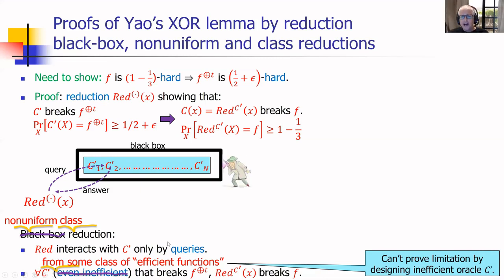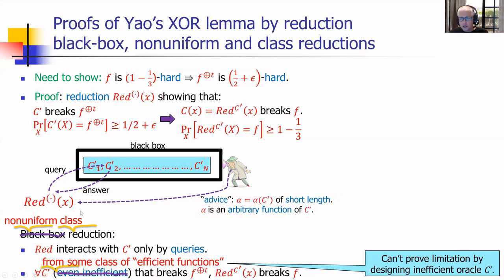The reduction is allowed to call a friend, this shady looking character in a raincoat, and this character can look inside the black box and can examine the entire truth table of the oracle, the entire truth table of C prime, and send to the reduction an advice string, alpha, which is an arbitrary function of this truth table, C prime. And the only limitation on alpha is that alpha is short, right? So if the truth table is of exponential length, you can imagine that the advice string is of polynomial length.